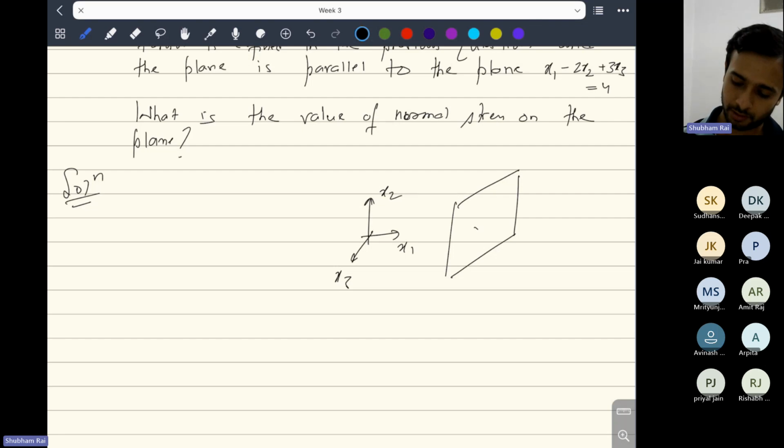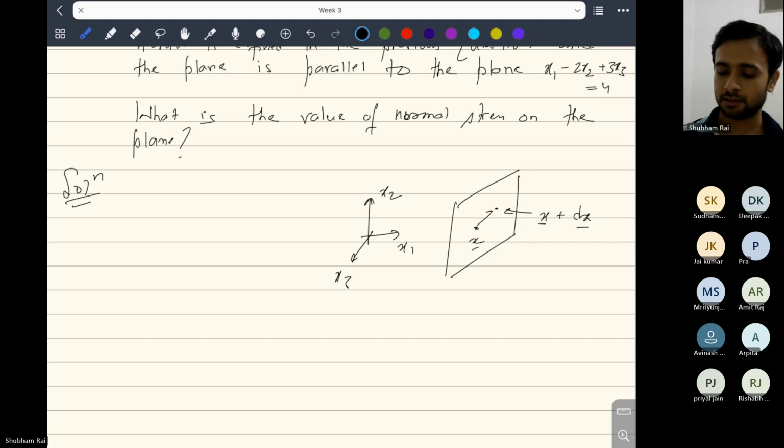Let's say you have a point here, denoted by x, and another point here, denoted by x plus dx. So x and x plus dx are position vectors. This small incremental vector which is lying in this plane will be given by dx, right? So this vector is given by dx.